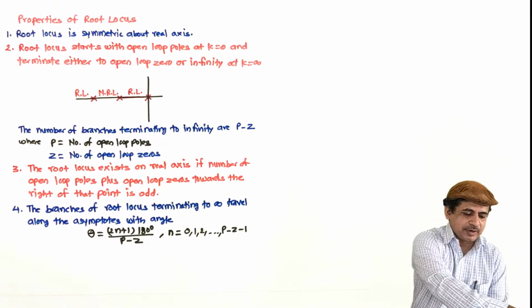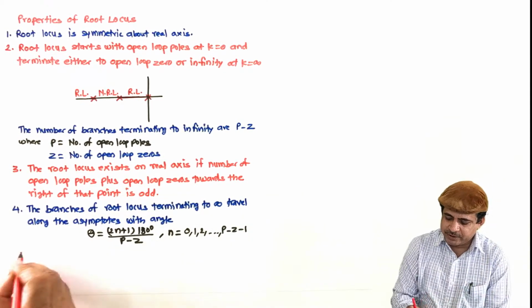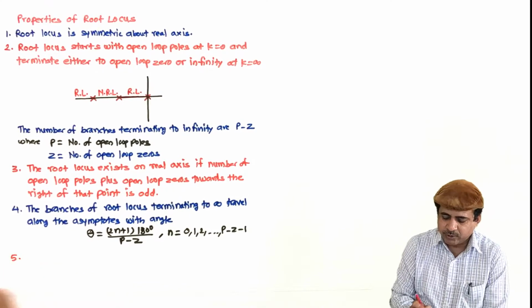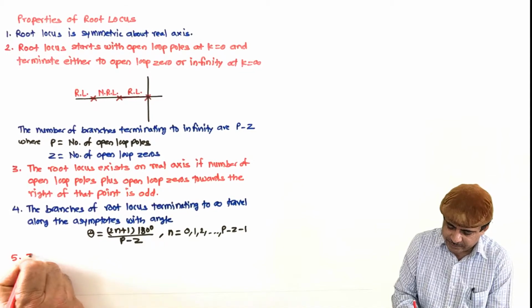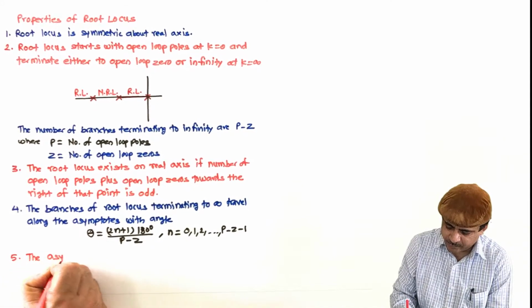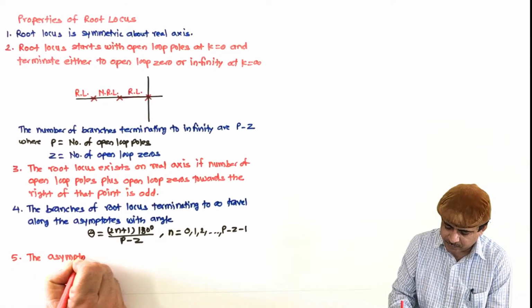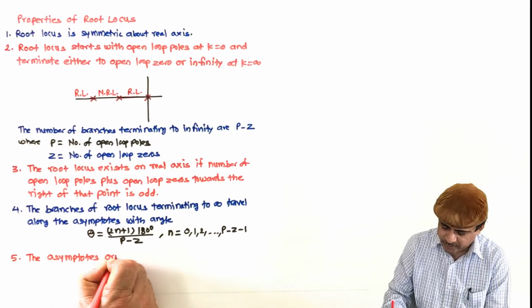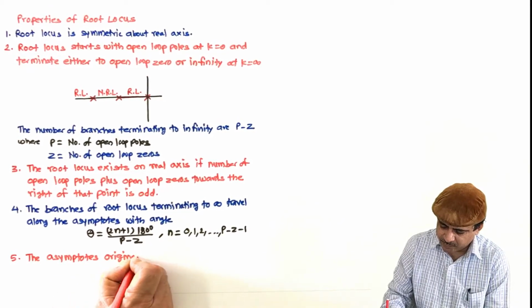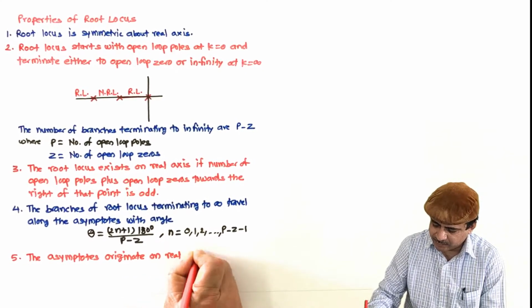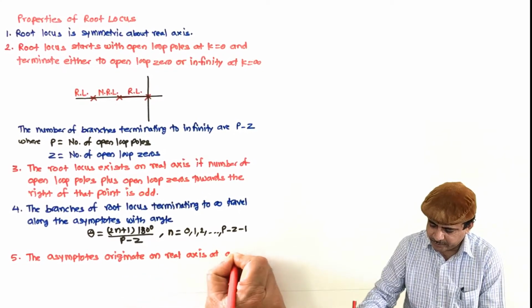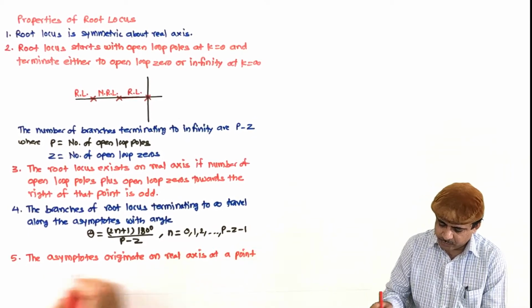And hence the next property is also important, which gives us the point of origination of asymptotes: the asymptotes originate on the real axis at a point called centroid.